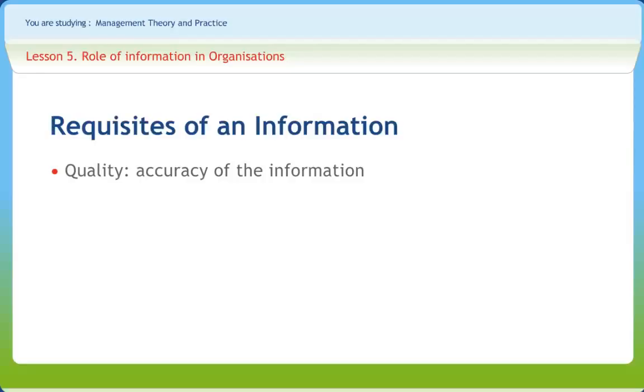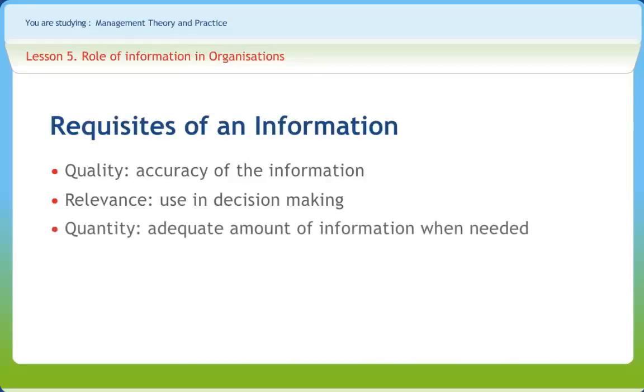The next requisite of information is its relevance. The information should be of good use in decision making. Similarly, the information should be disseminated in an adequate amount as and when required. Half information is quite often only misleading and anxiety generating.